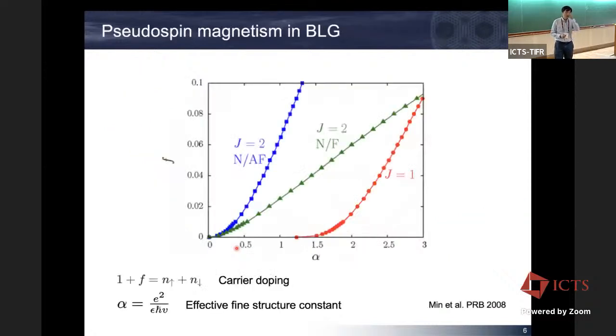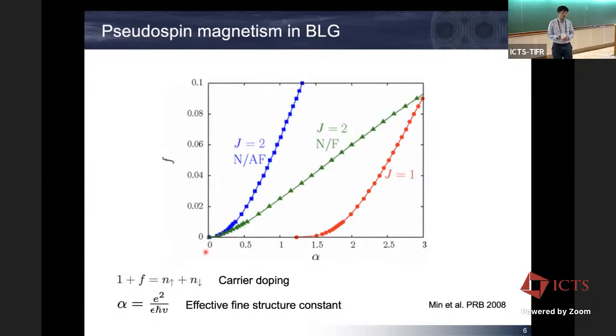And so what happens when we consider Coulomb interaction? This is already very old work. So this is a representation of the different phase diagrams that you expect in bilayer graphene. In fact, there are many, many papers published in this field. I'm just paraphrasing some of the literature directly relevant to the work being presented. So the y-axis is the carrier density, doping, and the x-axis is the strength of the Coulomb interaction that is represented by this effective fine structure constant.